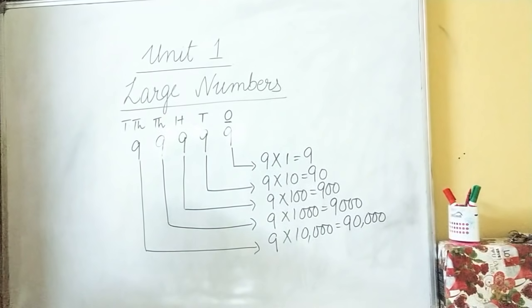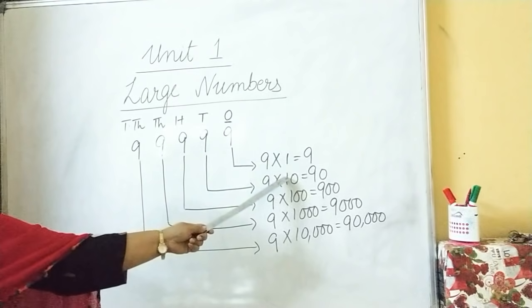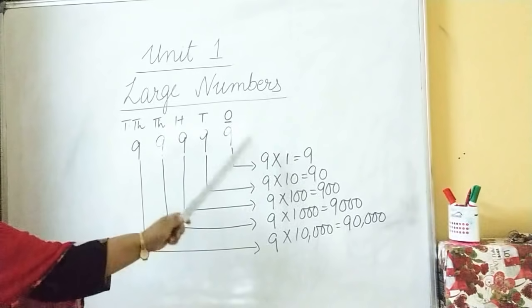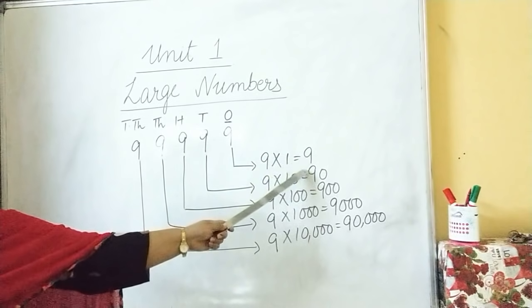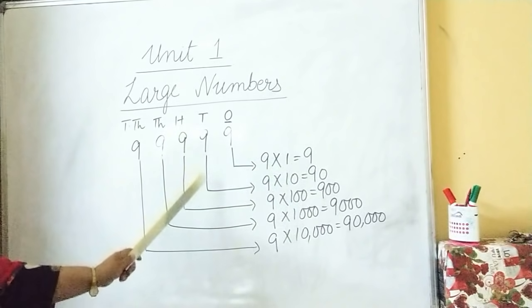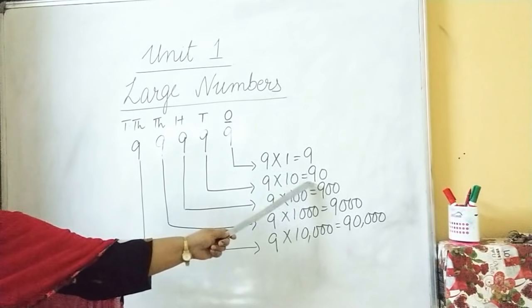Once again, I repeat this. The value of 9 at the ones place will be 9. As you know, when any number is multiplied by 1, it results in itself. The value of 9 at the tens place will be 9 multiplied by 10, 90.